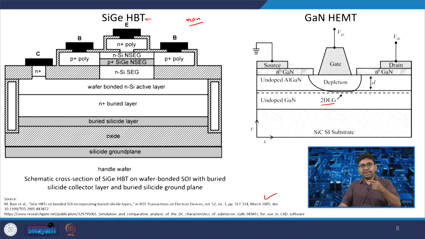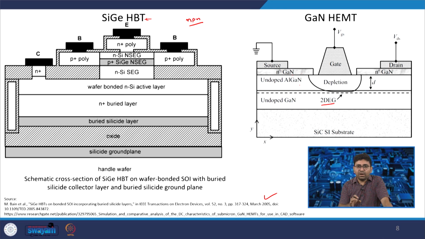So, it will improve the current density. The amount of current density is increased because of this 2DEG layer, and that happens because of the combination of doped and undoped material. For the GaN HEMT also, if you are interested to study more in detail about the semiconductor physics, you can go through the reference book that we have provided.